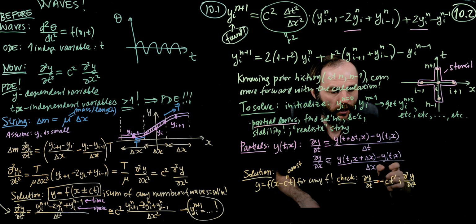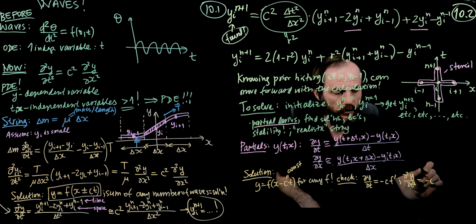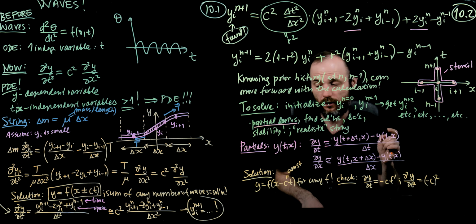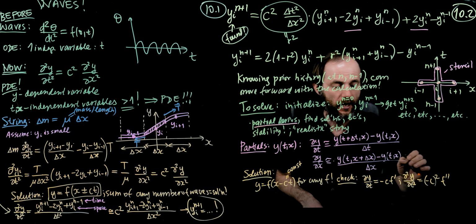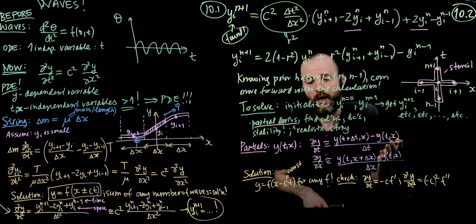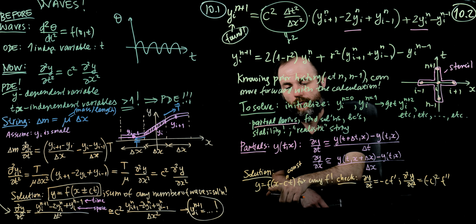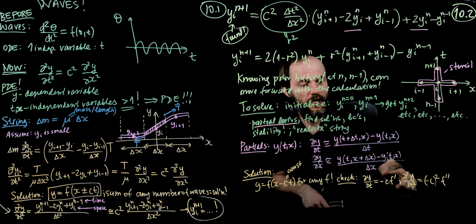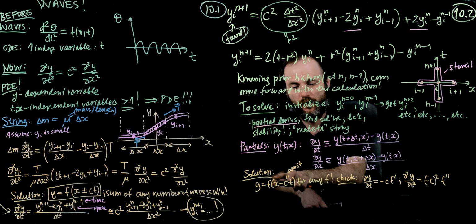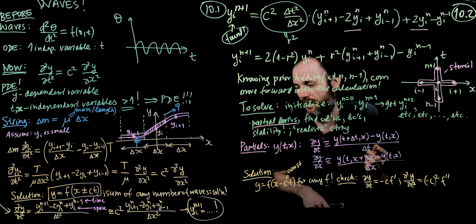That will be minus c squared times f double prime. And here f prime and f double prime correspond to the derivative of f with respect to the entire argument. f of blah, so this f prime is df/d(blah), where blah is this argument x minus ct, taken as a single variable.